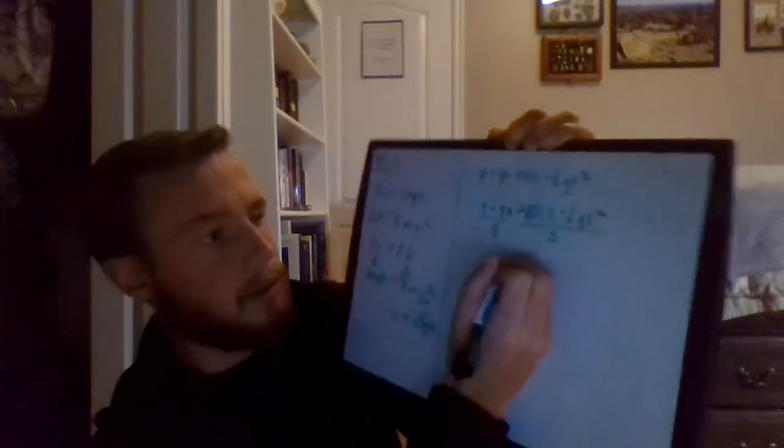We say y minus y0 equals negative 1/2 g t squared. We divide both sides by g so these cancel, and t is going to equal the square root of 2 times y0 minus y over gravity.